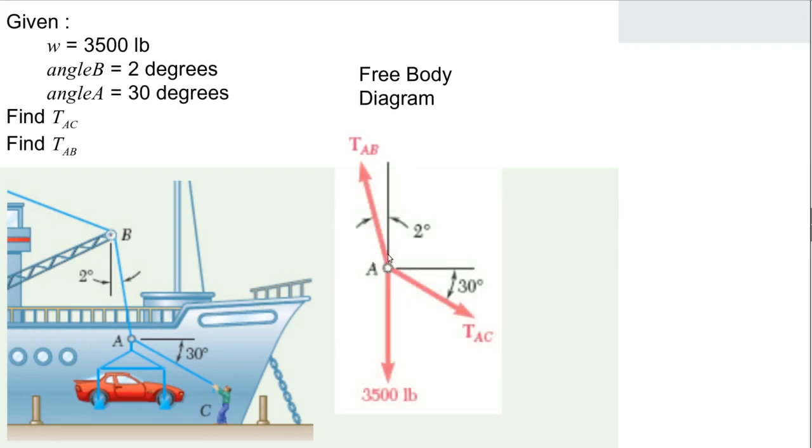Again, it's got the tension of the cable up at 2 degrees, and the tension of the rope down at 30 degrees, and the weight acting straight down. We could also include the names over here in our free body diagram, since we know that information of 2 degrees, 30 degrees, and 3,500 pounds.